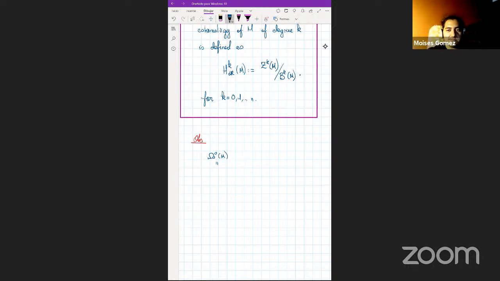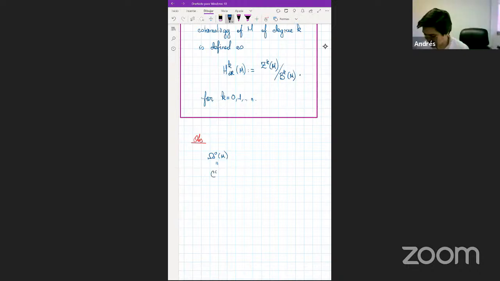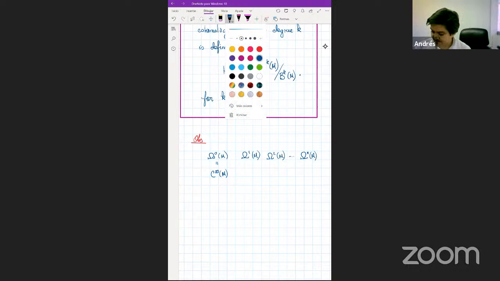Smooth functions. Smooth functions, right. Okay, so there we are.